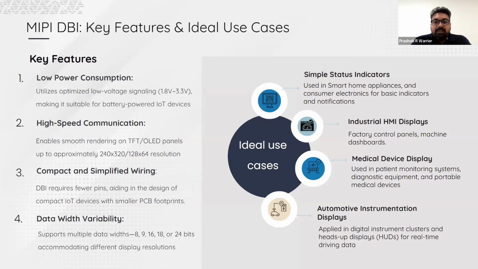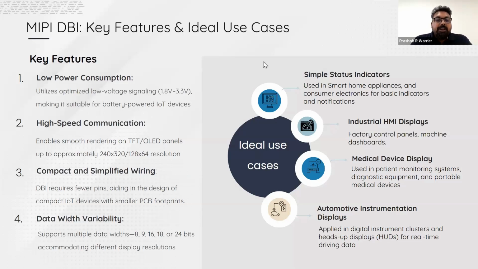Coming to medical devices, you can look at glucometers or BP monitors. So for all these applications MIPI DBI can be very suitable. In the automotive segment, MIPI DBI displays can be used for entry-level two-wheeler clusters. It can also be used for EV charging station data acquisition or monitoring as well.